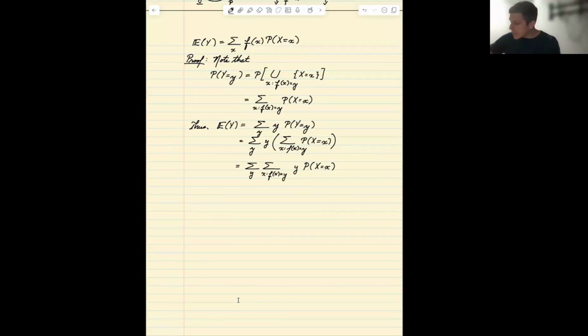And now what we realize is that given this condition that f of x is equal to y, we can actually substitute f of x in for y here.